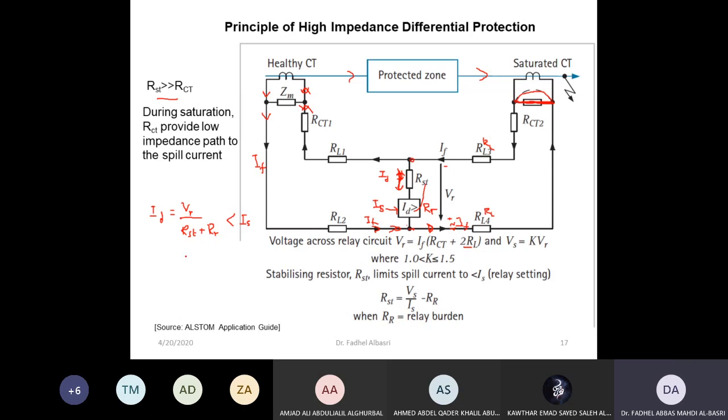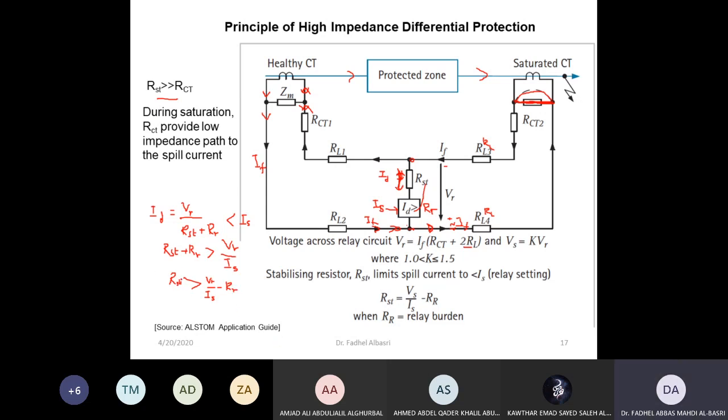Now, how do I make it so? I want to choose now IS. So if I solve this equation, R stabilizing plus RR should be greater than VR over I setting. And now R stabilizing has to be greater than VR over IS minus RR.